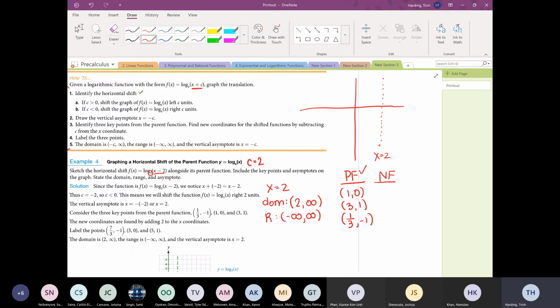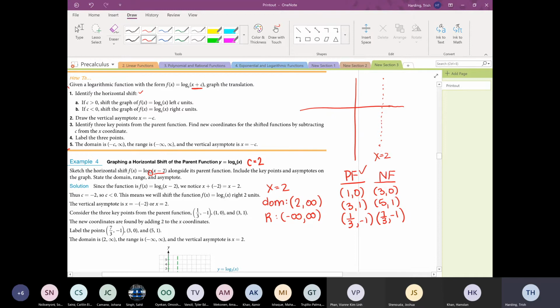Since it wasn't a plus c, it was the -2, our c is positive, so we're going to actually add 2 just to the x coordinate. So that's going to be 3, 0, 5, 1, and it can be worked out. So those are our points, and we would graph those.